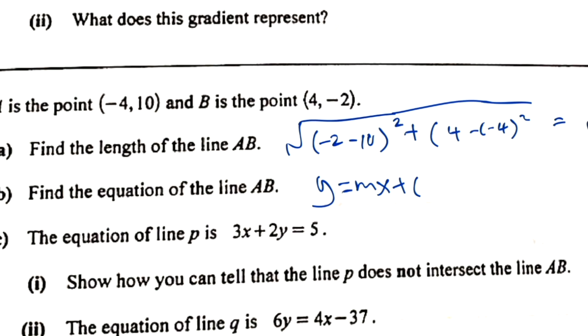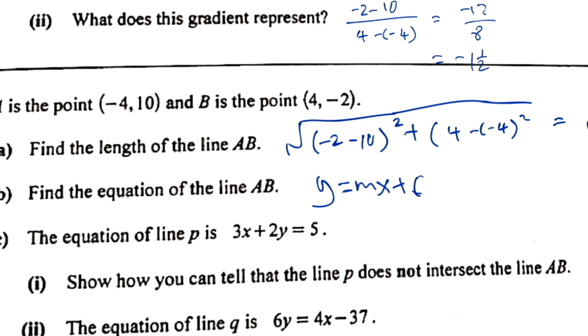The formula for gradient is y2 minus y1 over x2 minus x1. So minus 12 over 8, which is negative 1.5. So m is negative 1.5.